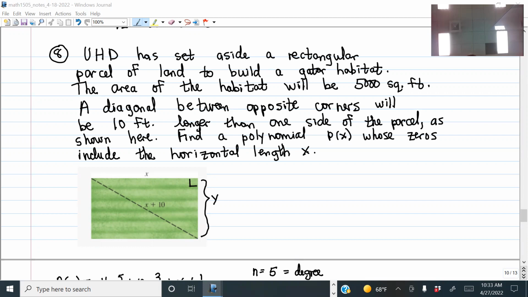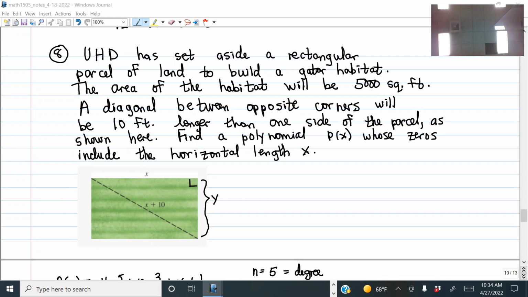Whose zeros include the horizontal length x. In the picture, this is the horizontal length. And we want to write down a polynomial whose roots include that horizontal length.